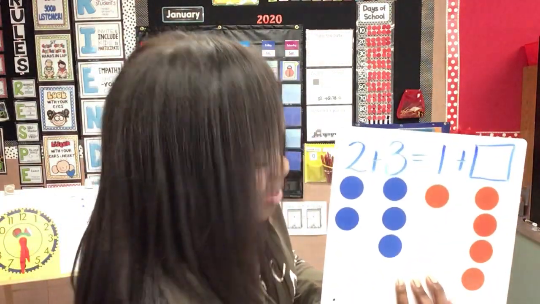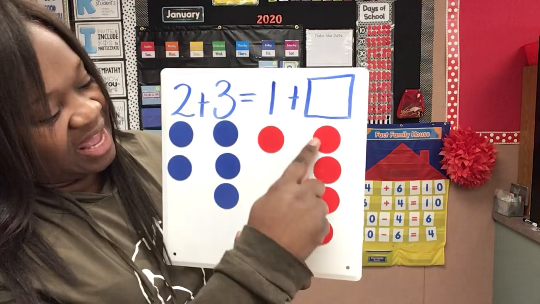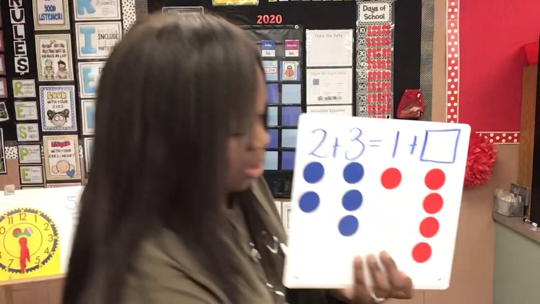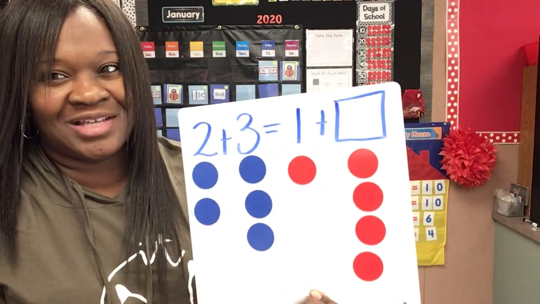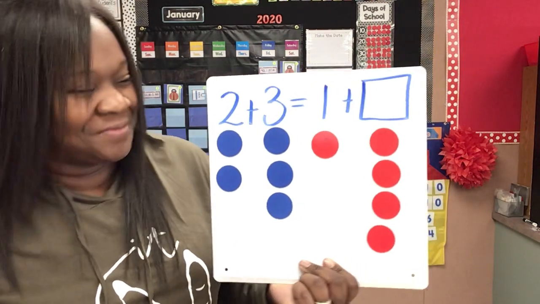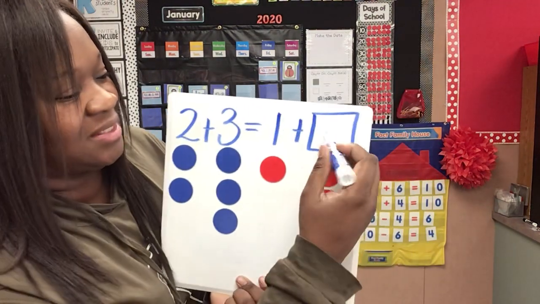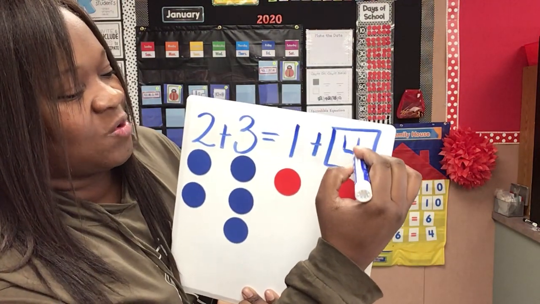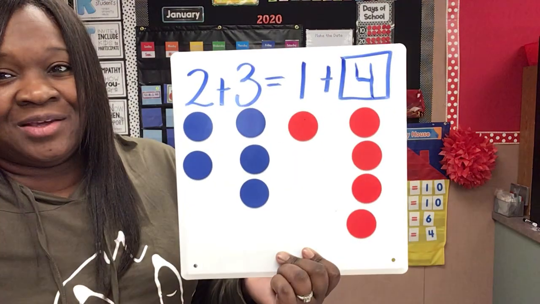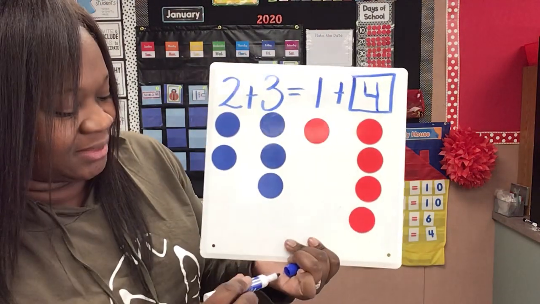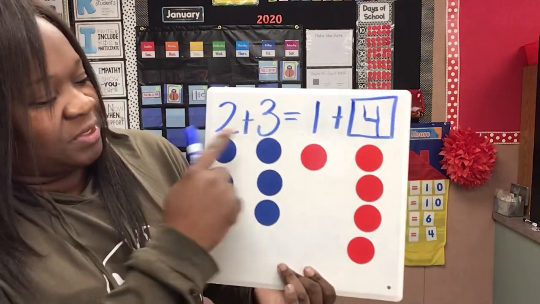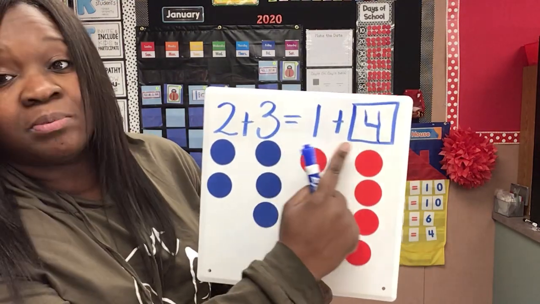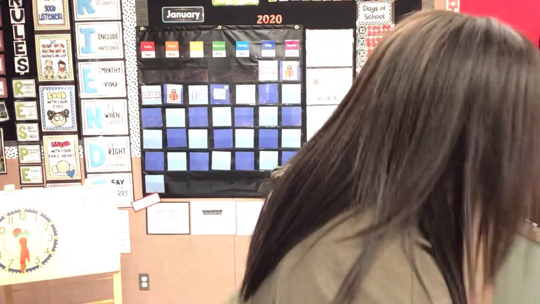So how many did I add here? 1, 2, 3, 4. Did you guys get it before me? I hope so. 1 plus 4 equals 5. Now it's balanced. You see that? 2 plus 3 equals 5. 1 plus 4 equals 5. Now it's balanced. All righty.